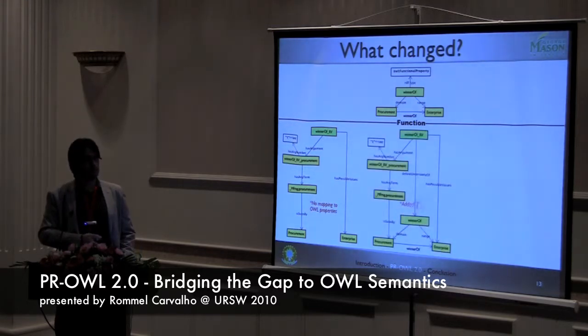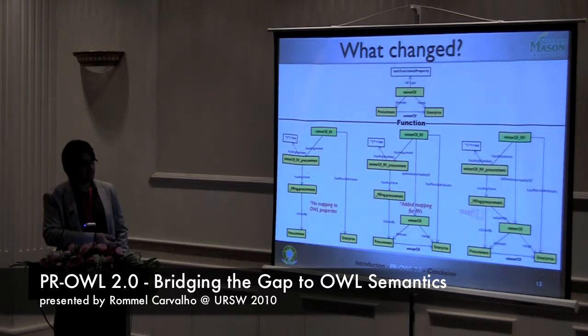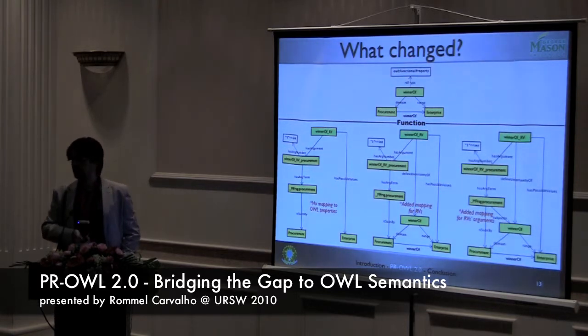So the first solution that I gave was, okay, let's just add this relation here, this association between the uncertainty side of it and the deterministic side of it, and that's good. However, we saw that when we're talking about n-ary relations, we're not going to have just one property. We're going to have n different properties depending on how many arguments I have on my random variable. So I need to have this other link here that maps the arguments to a specific property that could be a different one.